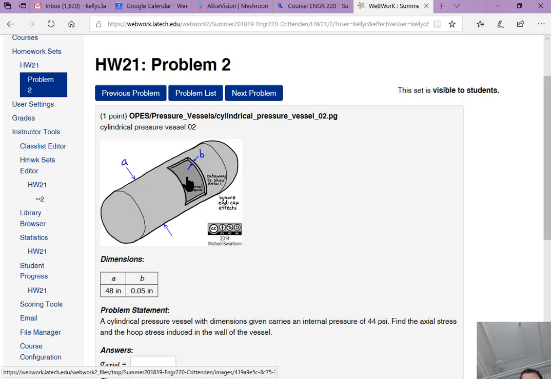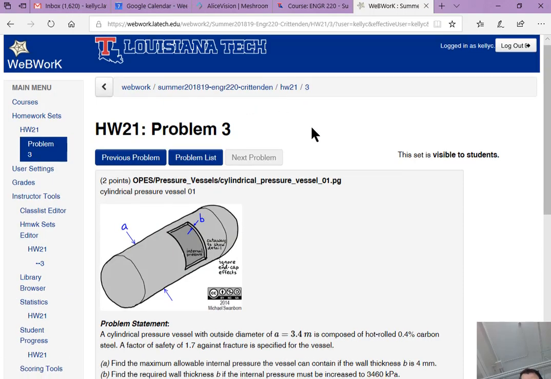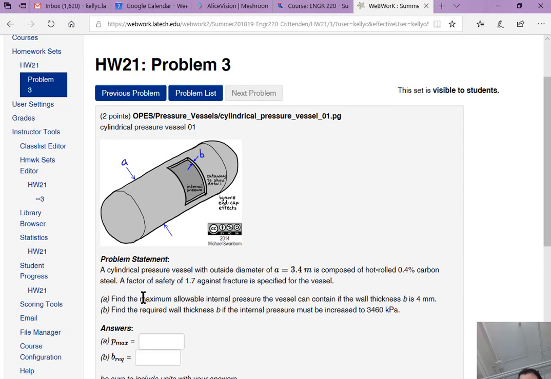There's the same problem with the cylindrical one, so you've got to calculate the hoop stress. That's the PR over T. There's another one where you're finding the pressure, and then it finds the wall thickness if you need a different pressure. So they're pretty straightforward. Shouldn't be any problem, but these are pretty much the type of problems.